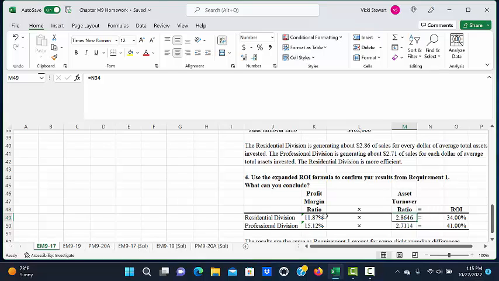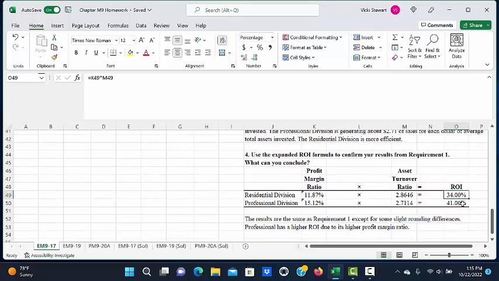When you multiply these two by each other, we get the same number for return on investment. The residential division had a return on investment, as we calculated in Requirement 1, of 34%, and professional also had the same return on investment of 41%.